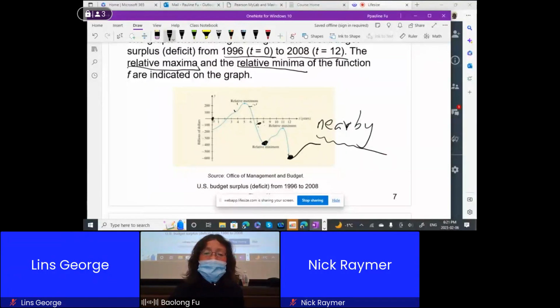The difference between these two relative minimum is that this minimum is smaller than all the points on the curve, and this minimum is just smaller than the point nearby. So this minimum we also call absolute minimum. It is minimum for the whole curve.